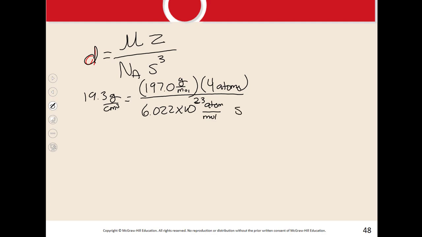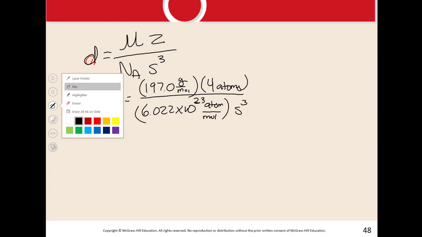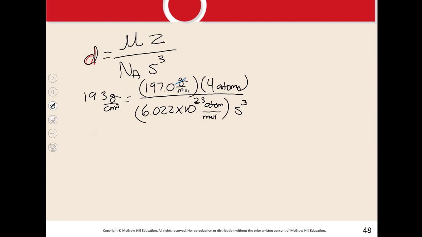And then the side cubed is what we're solving for here. Now, as far as units that cancel here, grams are going to cancel. Atoms are going to cancel. Moles are going to cancel. And we're just going to be left over here with cubic centimeters.